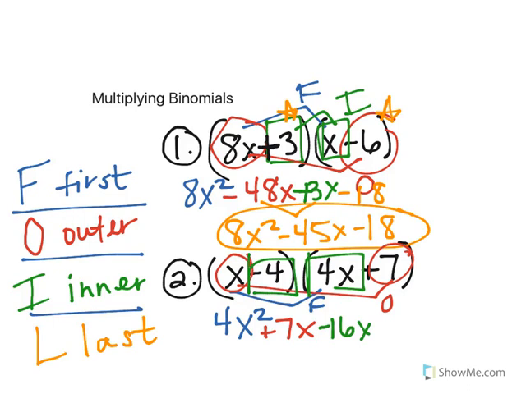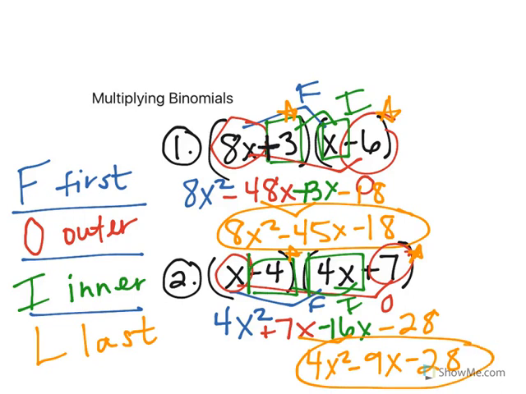And then my last is negative 4 and positive 7, which is going to give me negative 28. So I'm going to combine this, so I get 4x squared, and then together this makes negative 9x minus 28. So that would be my simplified answer.